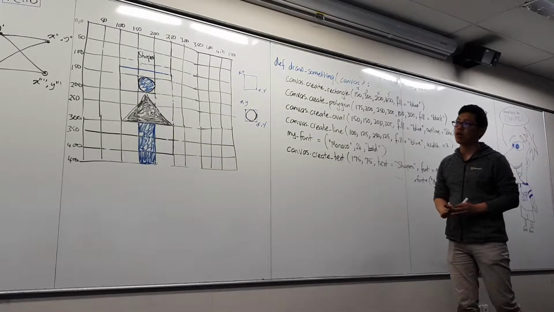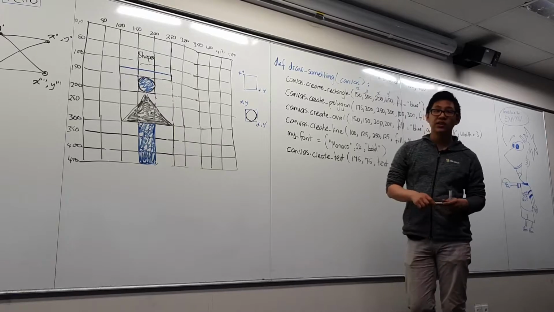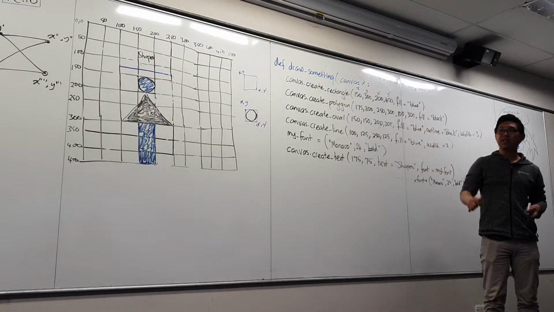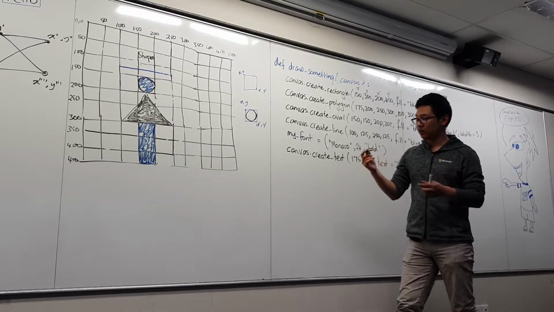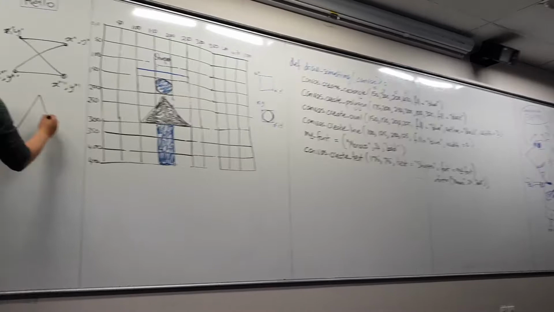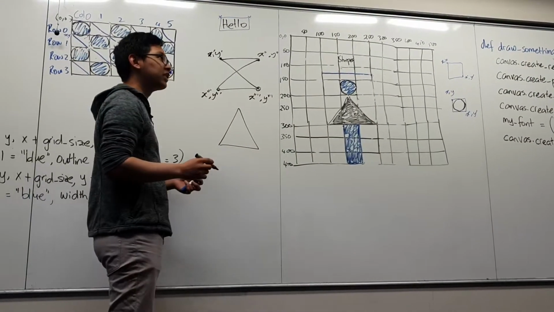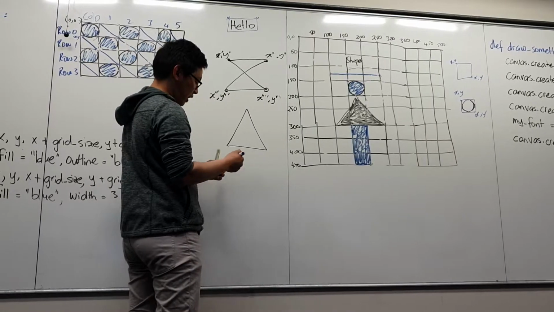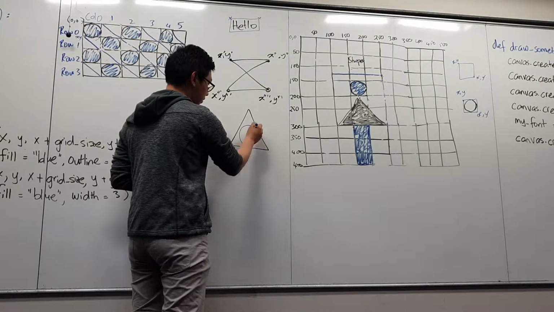One thing to note though, the order in which you write your code matters, because let's say I create some triangle, right? And I want it to be like a black triangle, but then I also want to have a blue circle inside of it.